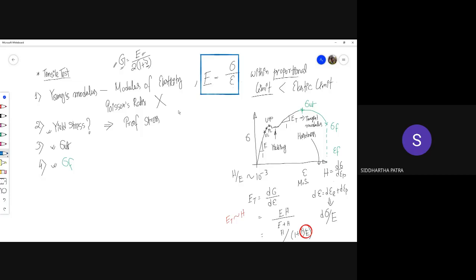My experience is, when in the viva I ask you what is Young's modulus or what is modulus of elasticity, you would be answering simply this: stress by strain. I'm just quoting the answer that I've got year after year. Stress by strain, not the ratio of stress to strain, just stress by strain.